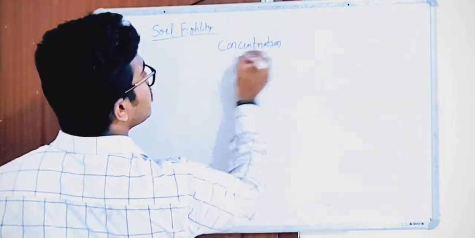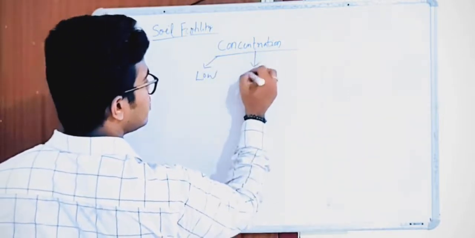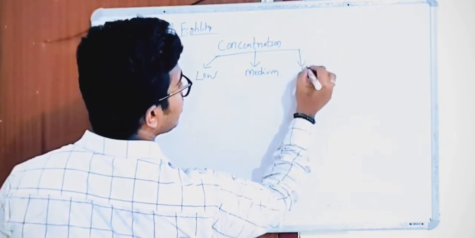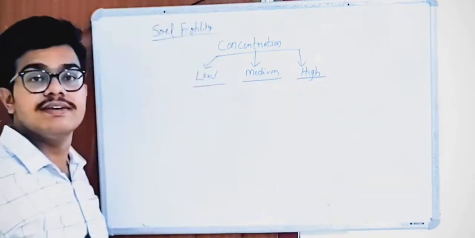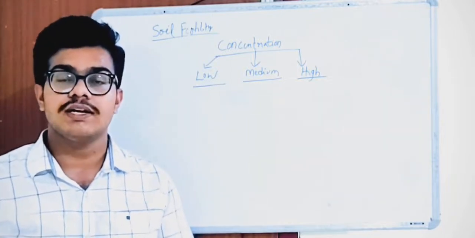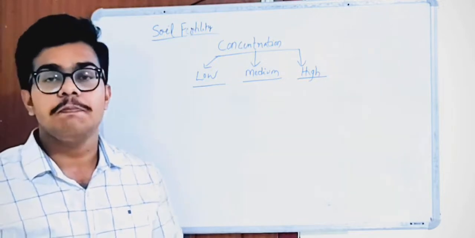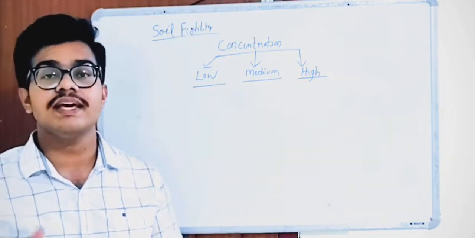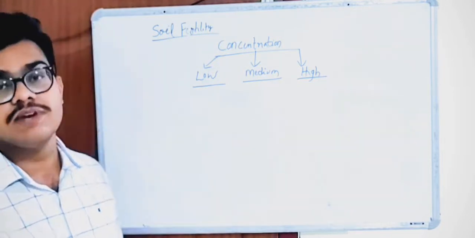There are some standard amounts generally taken into consideration for NPK, sulfur, manganese, copper, zinc, and organic carbon to estimate the availability of nutrients in different soils.